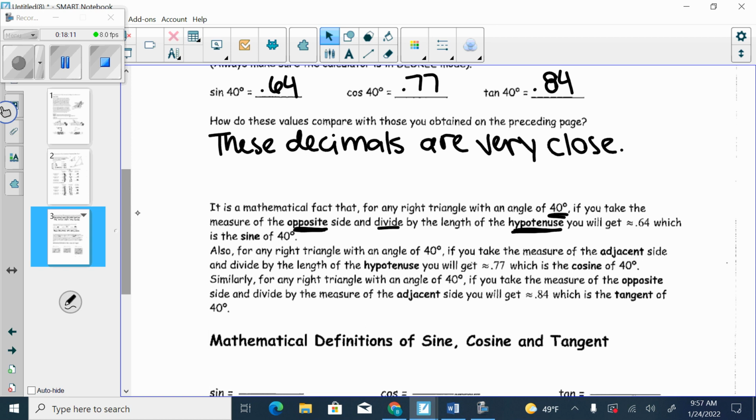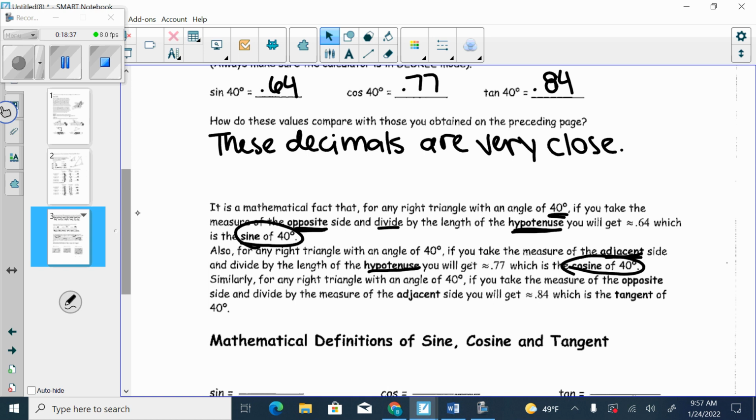That is what we call sine of 40 degrees. Anytime you've got a right triangle with a 40-degree angle and you have the adjacent side being divided by the hypotenuse, then you're going to get about 0.77, and we call this cosine of 40 degrees.